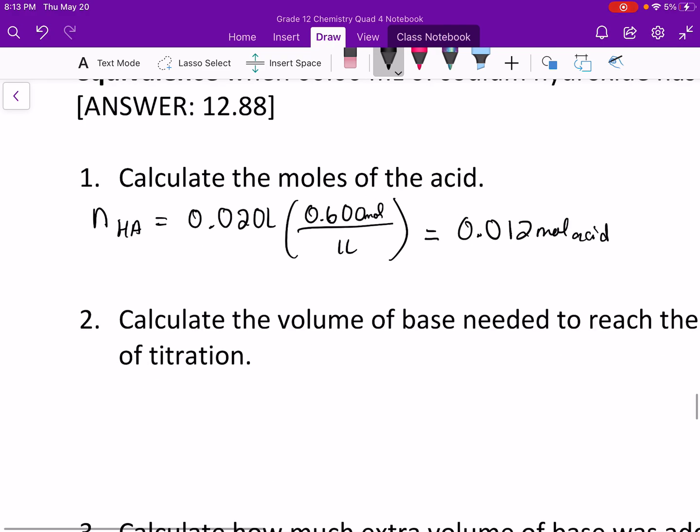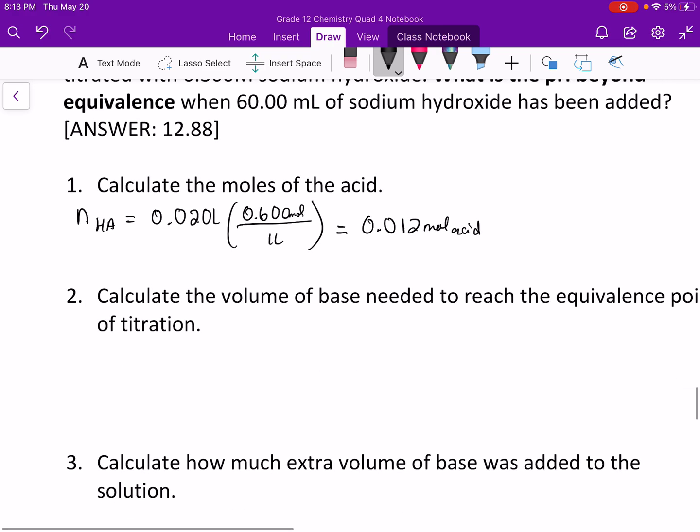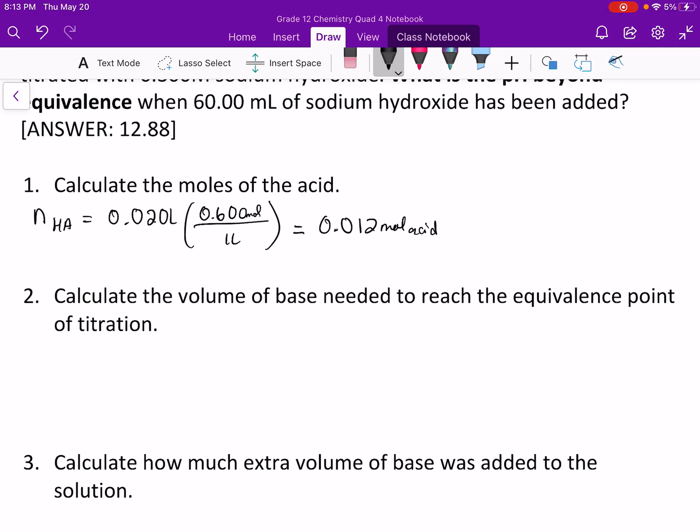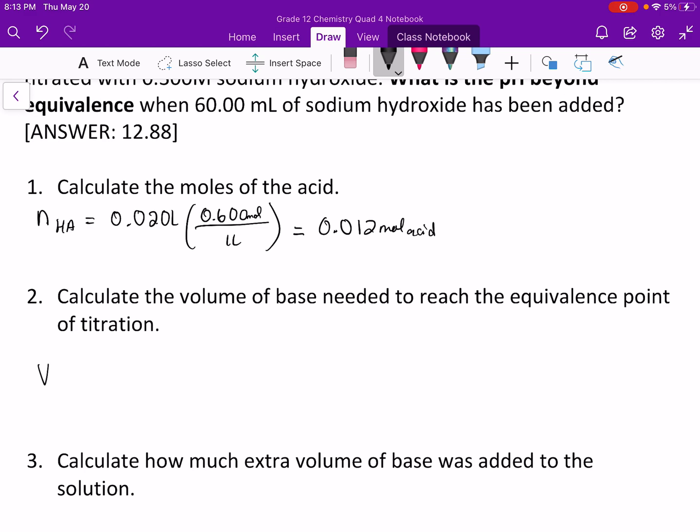At my equivalence point, my moles of my acid are going to be equal to my moles of my base, and I can calculate the volume that I needed to get to this amount of moles using my concentration of my base. My volume of NaOH is equal to 0.012 moles of my acid.